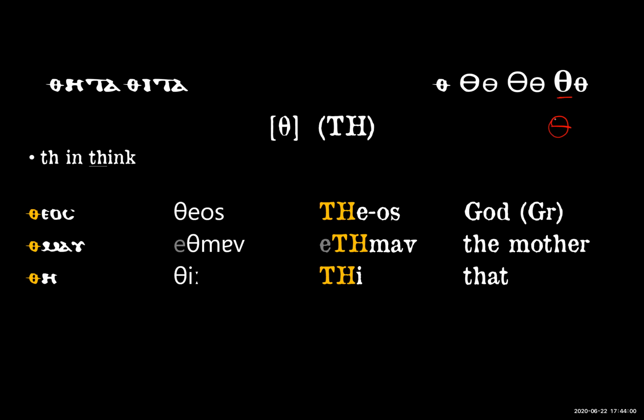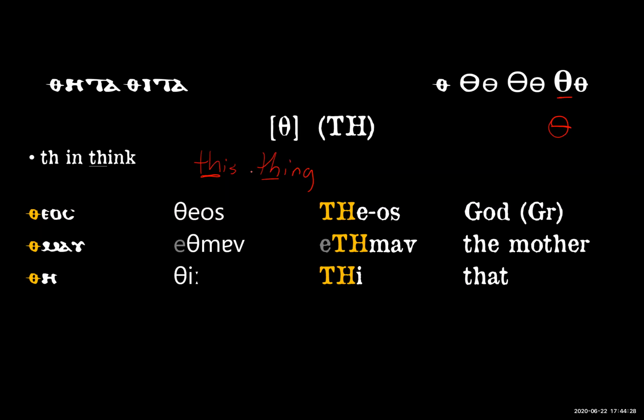And that makes a th sound, but it's a different th sound than delta makes. It's the th sound in think. Now you might ask, what's the difference between the TH sound in delta and the TH sound in theta? If you say this thing in English, this thing, you should be able to hear these THs make different sounds.